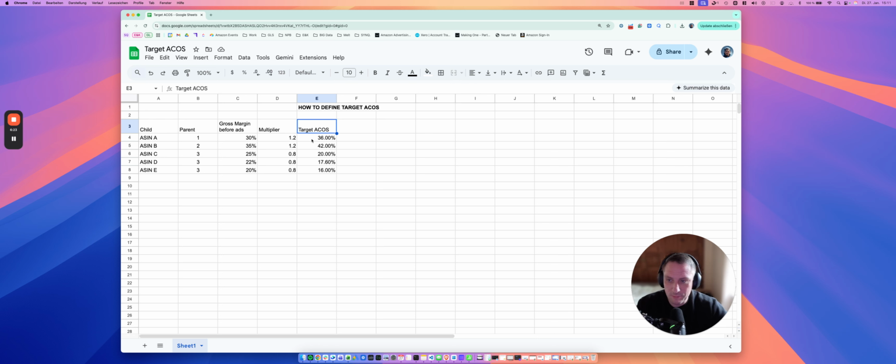Then what does it mean if we set a multiplier higher than 1? It means that we will lose 6% of margin on each PPC sale. So each PPC sale will already produce a negative profit. Now, hopefully, I have enough organic sales that I'm still getting positive profit.